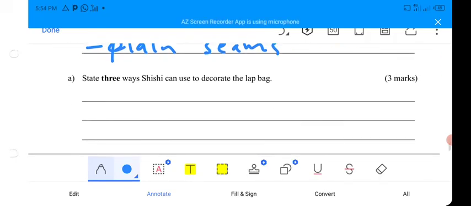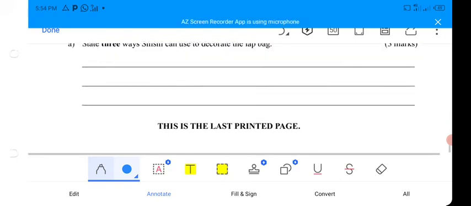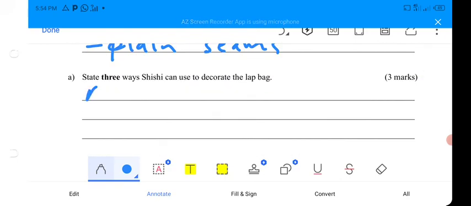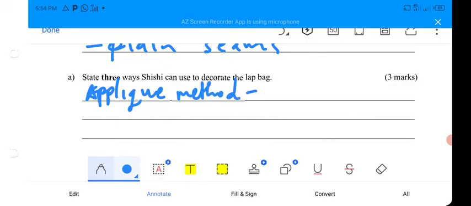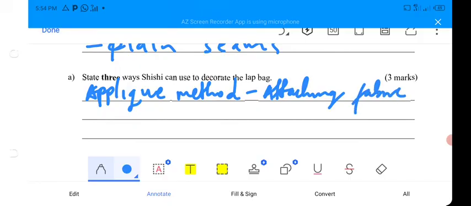3 ways Shishi can decorate a laptop bag. So for Shishi to decorate a laptop bag, first of all, she has to use the applique method. Applique method involves attaching decorative pieces of fabric shapes on the bag.